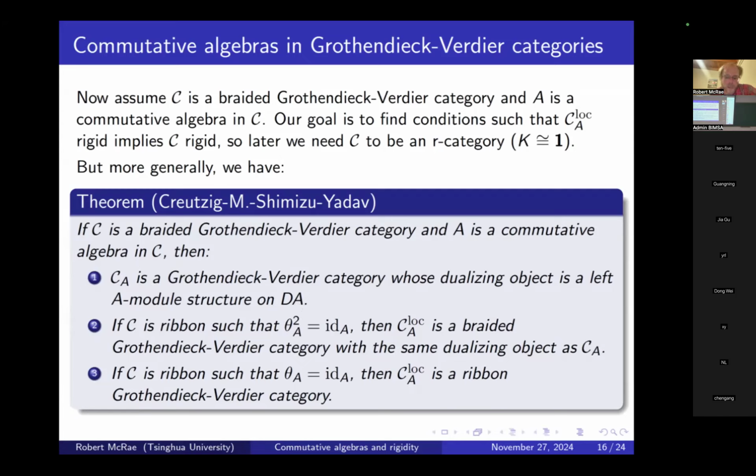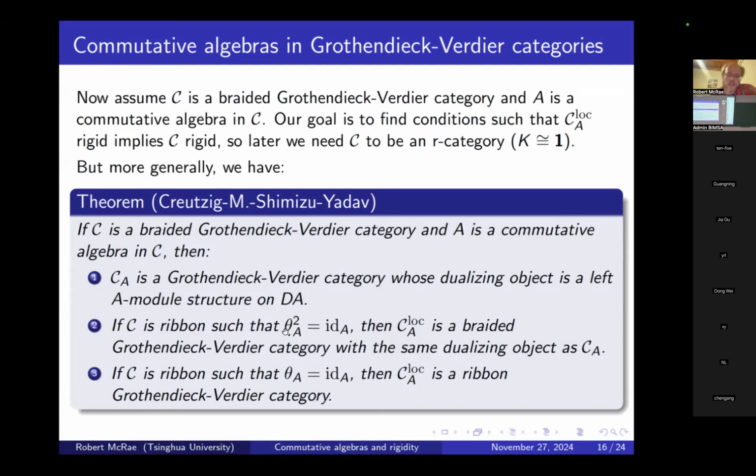And then we would also like CA loc to be a Grothendieck-Verdier category, but it seems a bit difficult to show that this is true in general. But we do have this condition: if C is a ribbon Grothendieck-Verdier category such that the twist on A squares to the identity, then CA loc is a braided Grothendieck-Verdier category, with the same dualizing object.